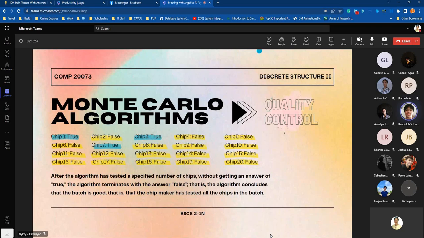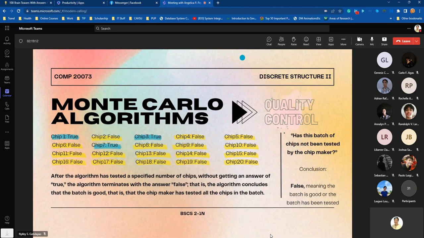So ayan, as you can see, mark yung mga true and mark yung false. So mas marami yung false, so magko-conclude siya as false, which is next slide. So which concludes that the batch is good or the batch has been tested. Next slide ulit.